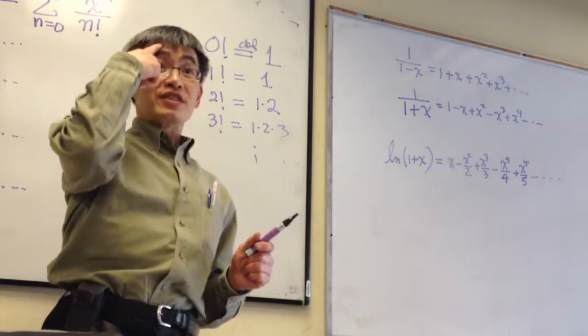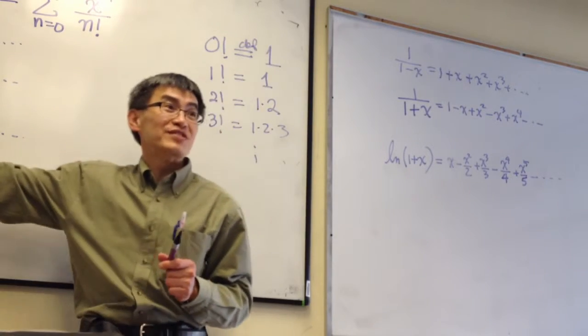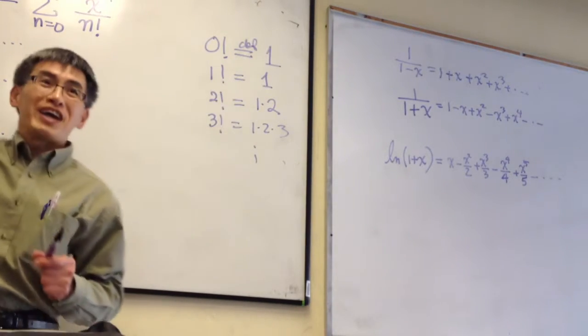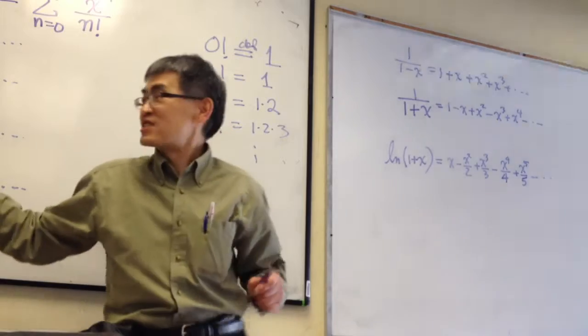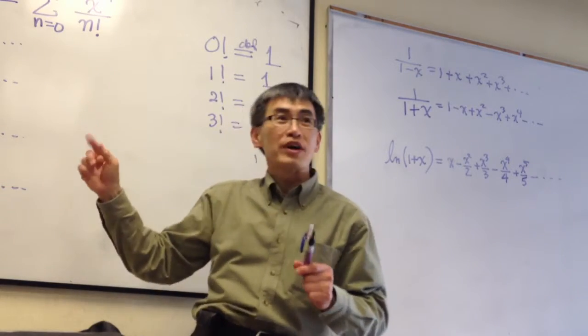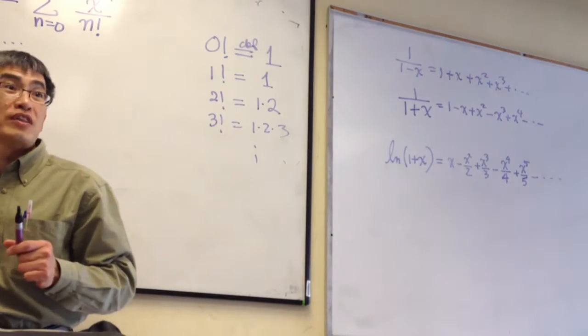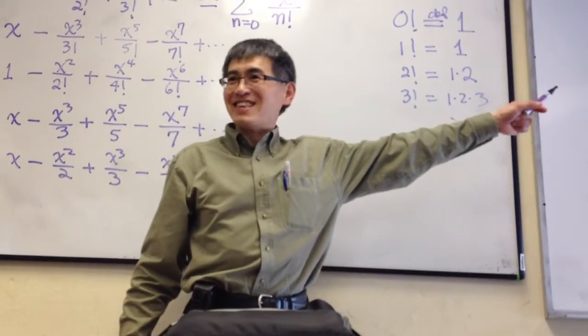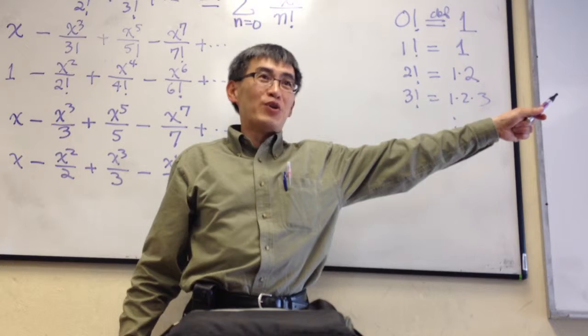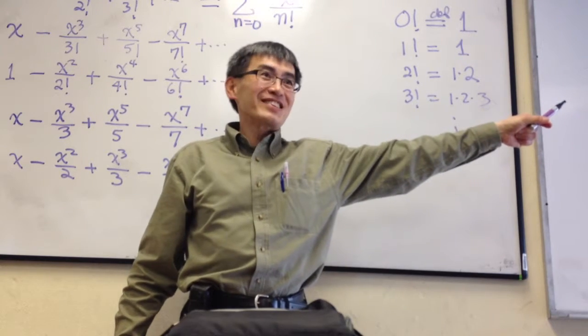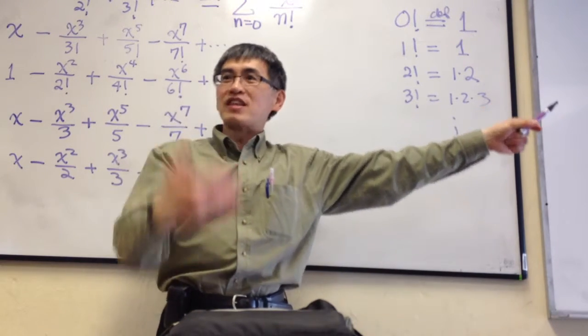And the logic is, if there is a much quicker way of getting a series centered at 0 which I'm sure sums to this function, then why would I take derivatives order by order? That's the idea that I want to get across.